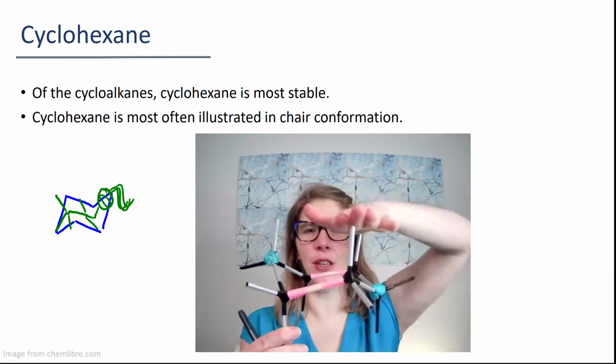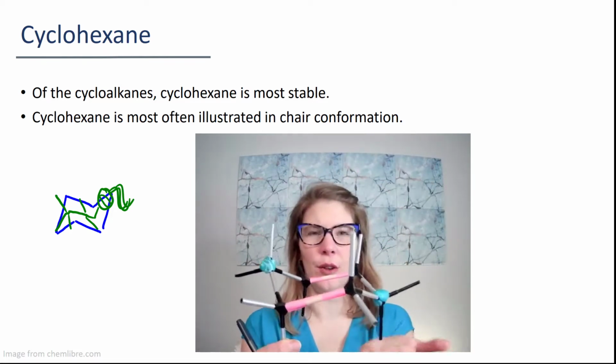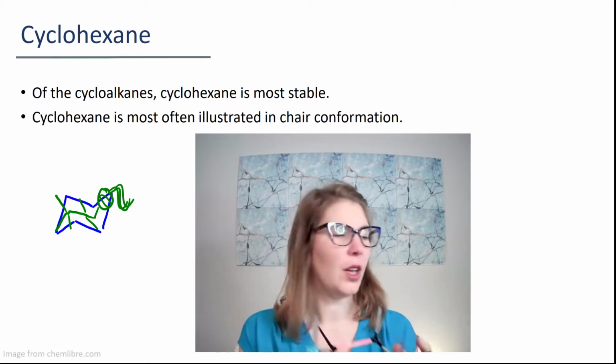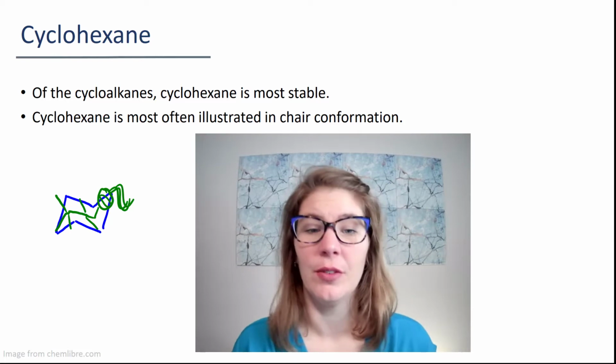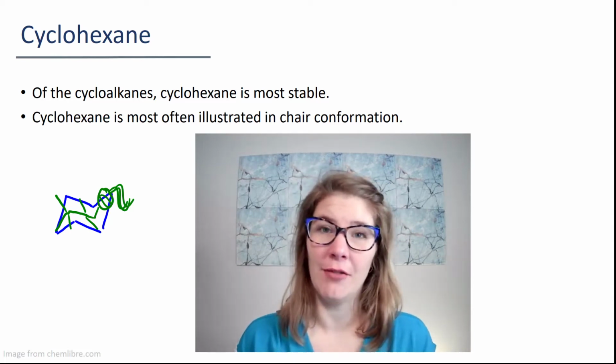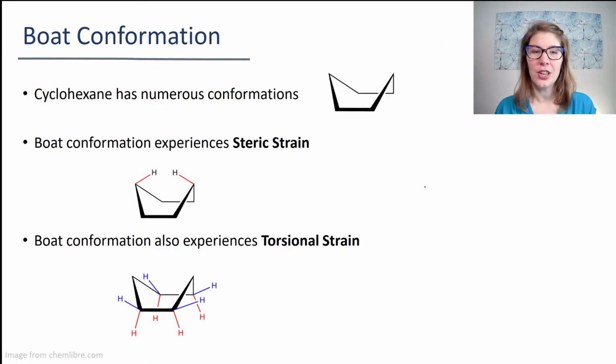And your axials are either pointing straight up or they're pointing straight down. So we want to get used to the fact that we have these two types of positions in our chair conformation. There's another conformation that's commonly talked about, and that is boat conformation.